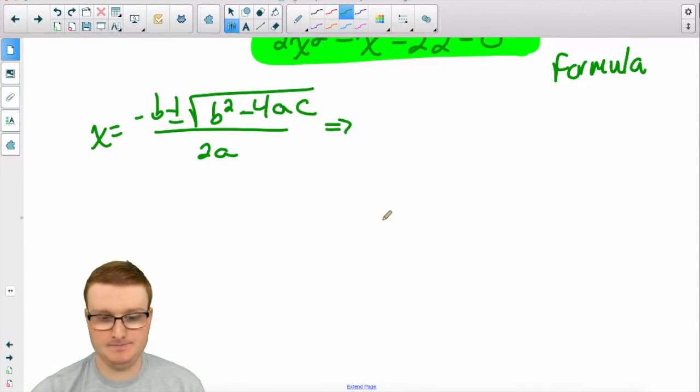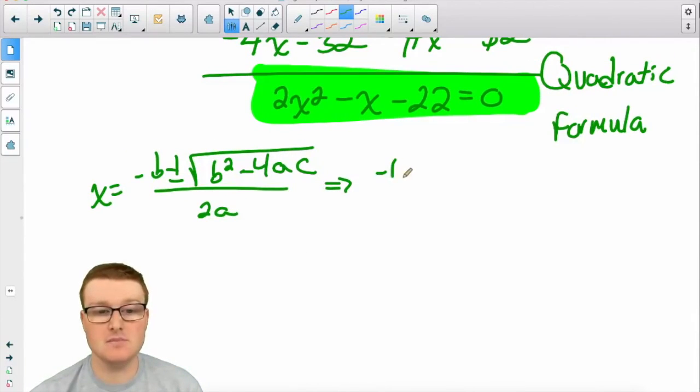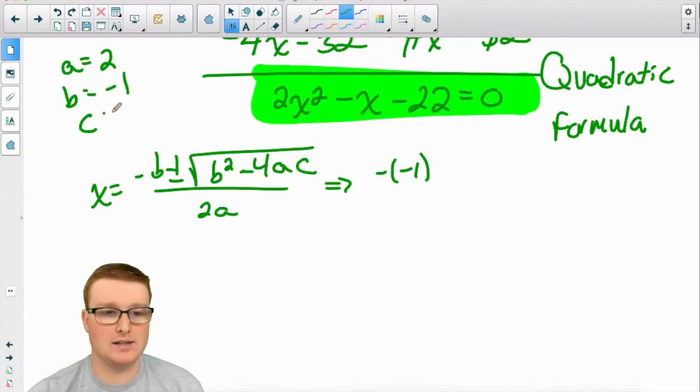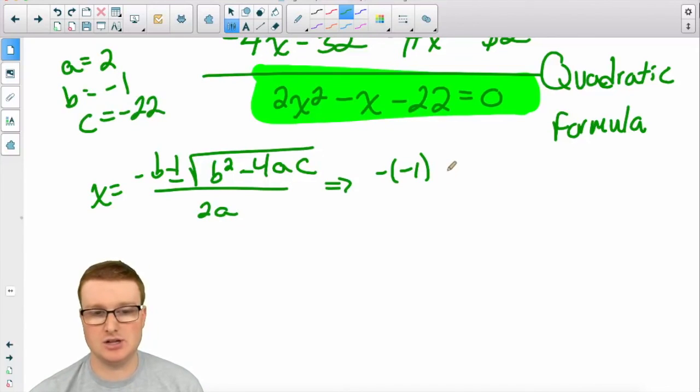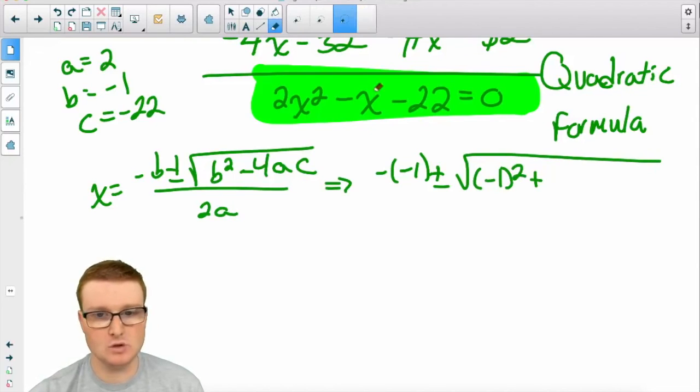Plug in your information. So your a is 2, b is negative 1, c is negative 22. Just to let you know. So plug all this in.